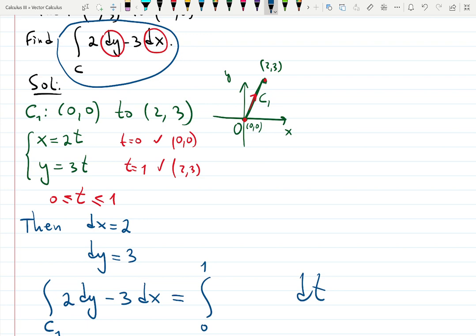We made it to be like this. 2 is multiplied by the derivative dy first, so it's 3, minus 3 multiplied by dx, but dx is 2. So again, this is dx and this is dy.